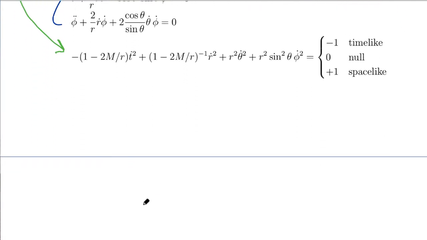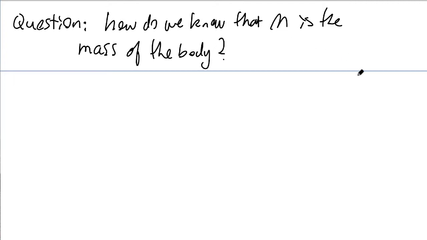Now I'd like to address the following question. How do we know that m is the mass of the body? By m, what I mean is the parameter that appears in the Schwarzschild metric. How do we know that that parameter corresponds to the physical mass of the central body?